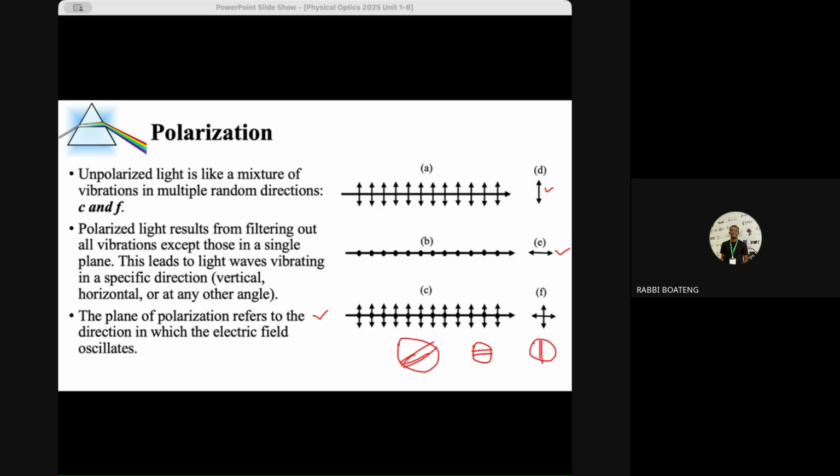Will we get a polarized light? Supposing we have an unpolarized light like F, and let's say our polarizer has an axis like this, a diagonal axis like this. Will we get an unpolarized light?